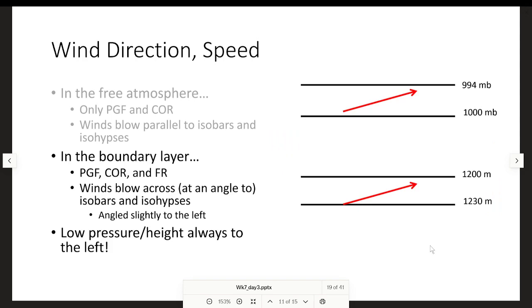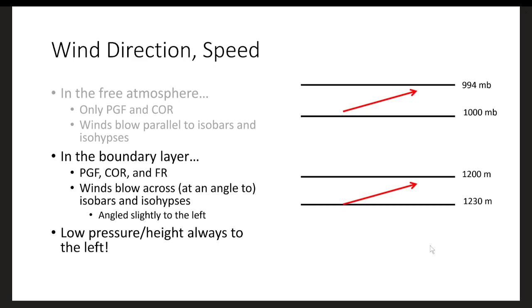In the boundary layer, we now have an extra force, and that extra force is the force of friction. So what does friction do? It slows down the wind. What does that mean? Coriolis is decreased. So winds are going to blow across isobars and isohypses, and they're going to be angled slightly to the left in the northern hemisphere.